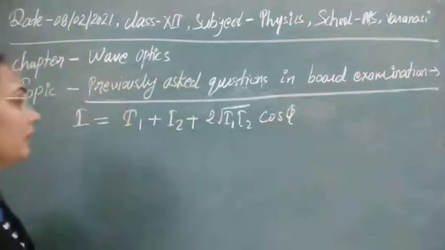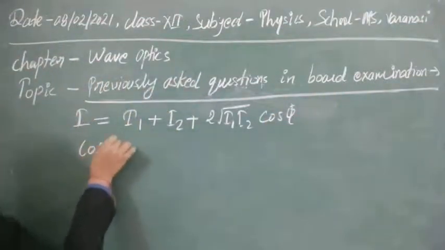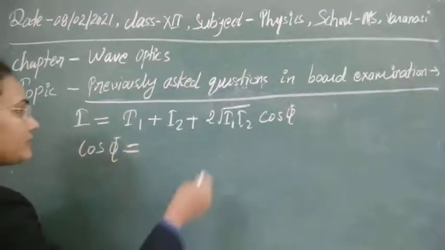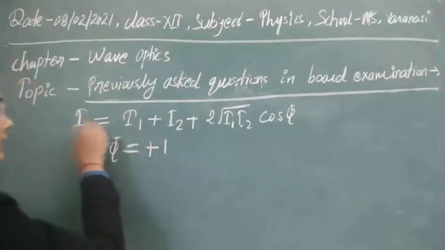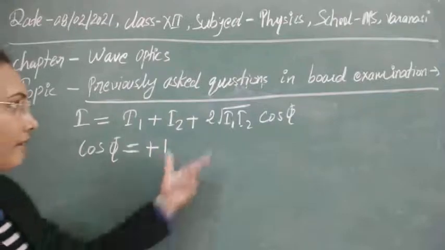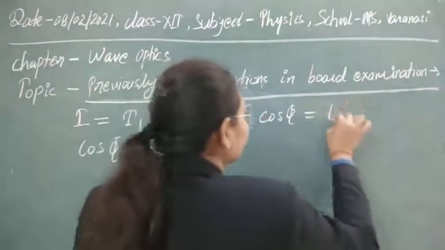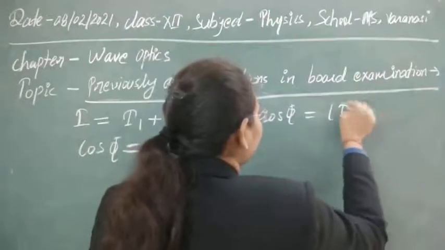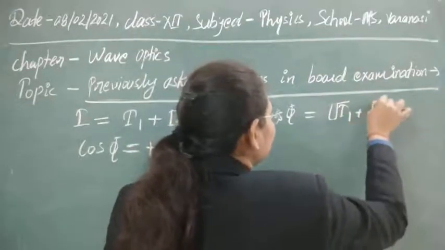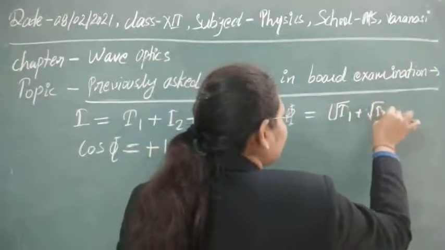Simply, we have seen that if cos phi has its maximum value, that is plus 1, then we have the maximum intensity, which is root I1 plus root I2 whole square.